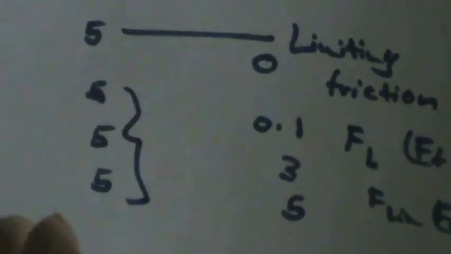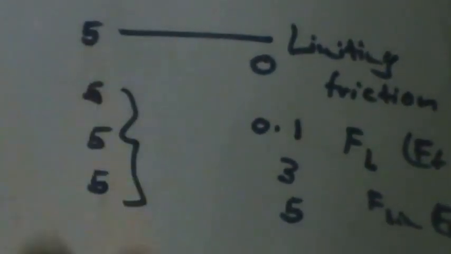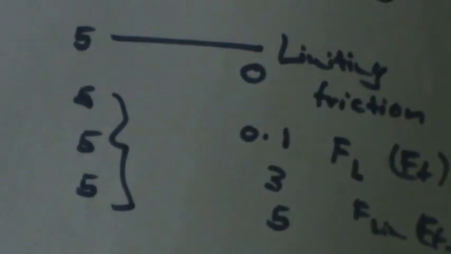So this range of values after 5 newtons is called the kinetic frictional force. Actually it should be a kinetic frictional force, because it is the same whether you are increasing the applied force, decreasing it, or keeping it constant. So I will call it the kinetic friction.